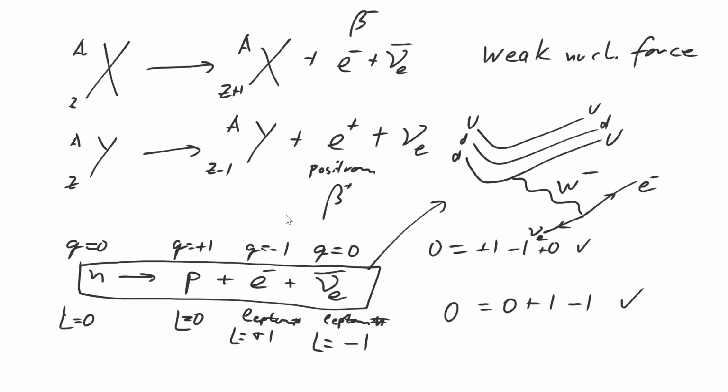But however you want to draw it, that's the Feynman diagram for the weak decay. Instead of gluons of the strong nuclear force or the exchange mesons of the effective nuclear force, we now have W and Z bosons of the weak nuclear force mediating the weak decays that are responsible for beta decays.